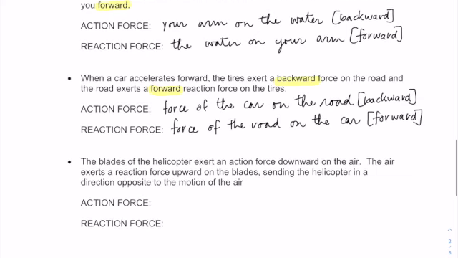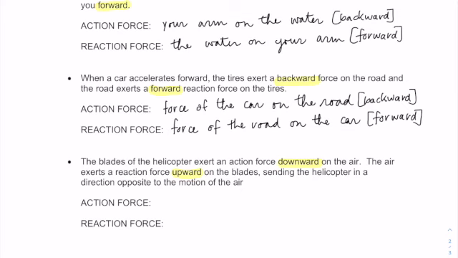Our third example explains how a helicopter works. The blades of the helicopter exert a downward force on the air, and the air exerts a reaction force upward on the blades, sending the helicopter into a direction opposite of the motion of the air.